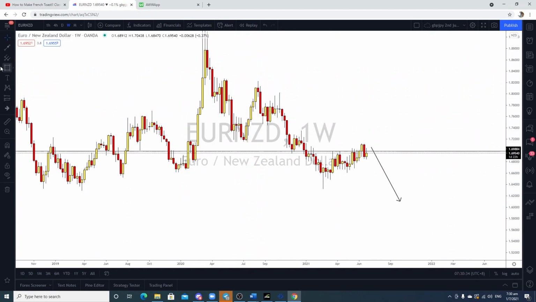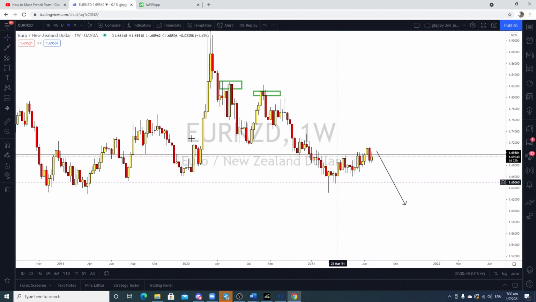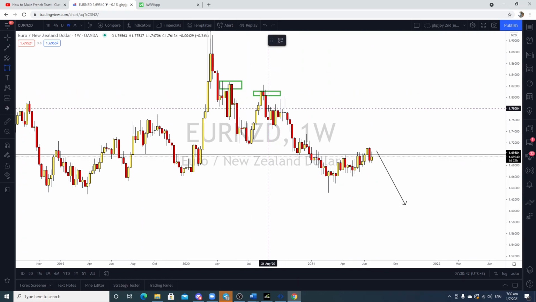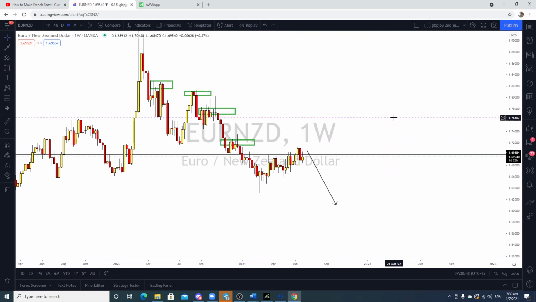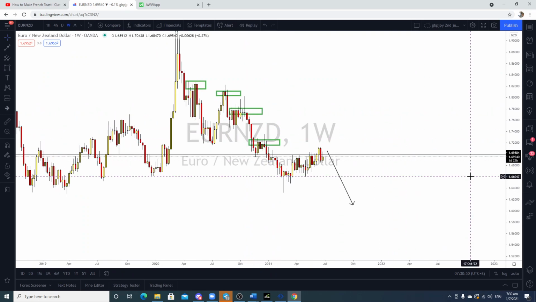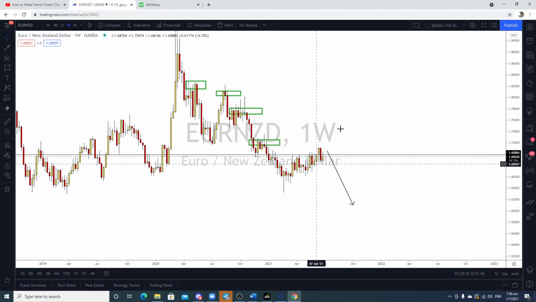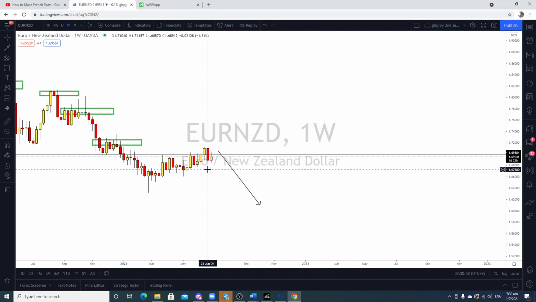We can see that price is still making a lower high, lower low, and this is a lower high as well. When you see a lower high, it shows that the overall structure is still a downtrend, unless we can see higher lows and higher highs forming. In this case there is a higher low, higher high, correct.